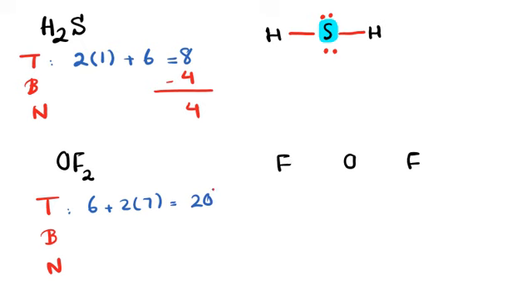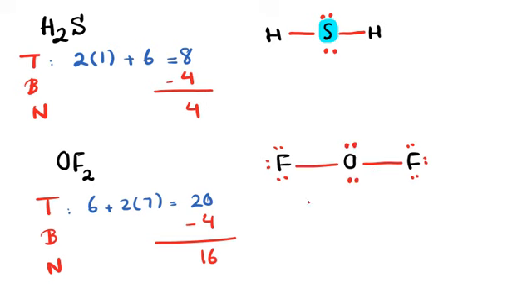Then we connect the central atom by single bonds to the terminal atoms. 2, 4. 20 minus 4, we are going to have 16. Wow, too many electrons. Let me add 2, 4, 6, 2, 4, 6. I used 12 valence electrons here: 2, 4, 6, 8, 10, 12.